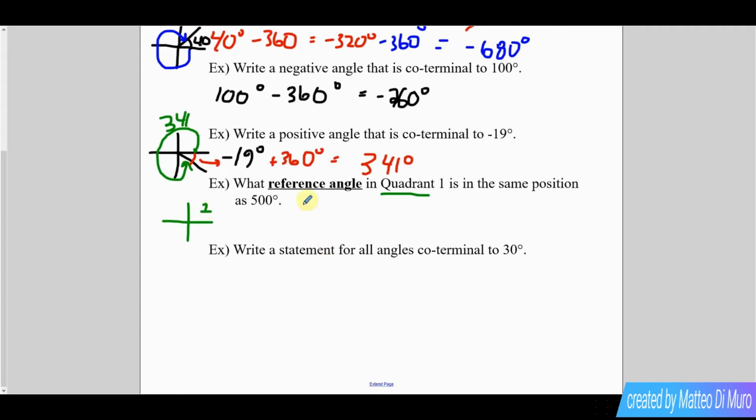Basically I can continue subtracting 360 degrees, because I know that will give me a coterminal angle, and I keep doing that until I'm in quadrant 1. So 500 minus 360, what does that give me? That gives me 140 degrees. Now, that isn't quite in quadrant 1 yet.